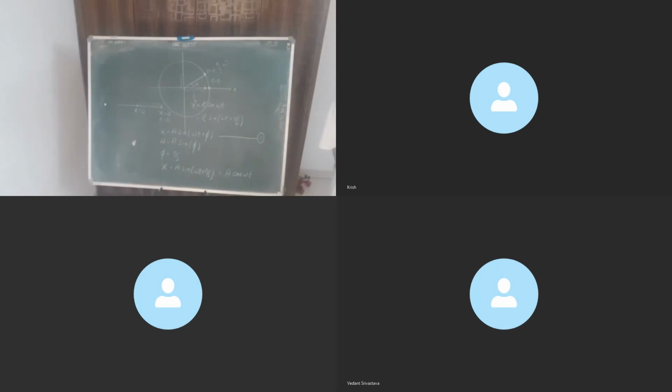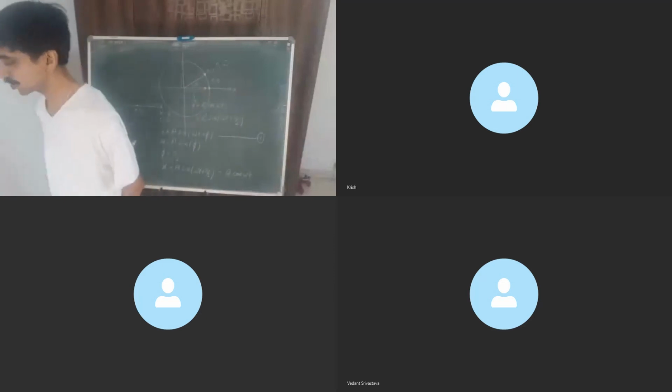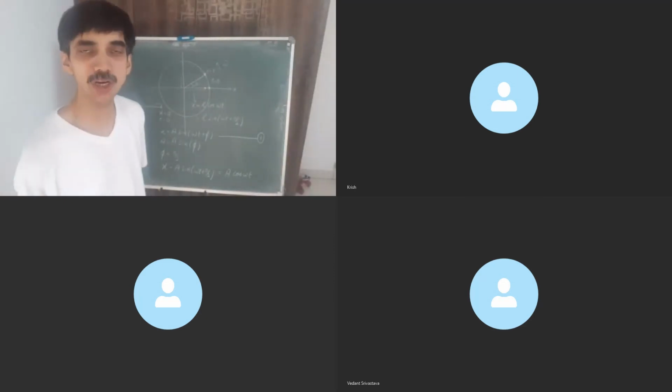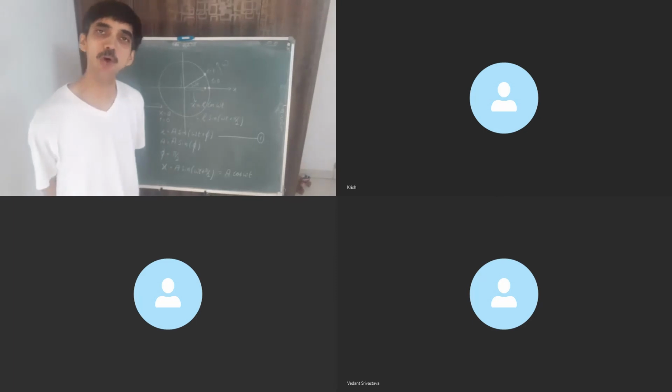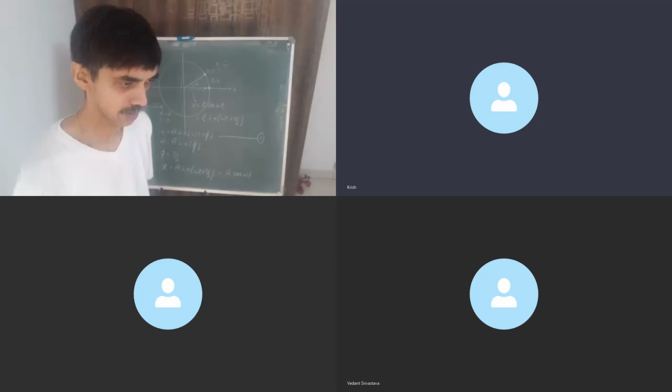And this is what I was highlighting, that if the particle begins its journey, either the particle is left from that position or you took your 0 for that position of the particle.